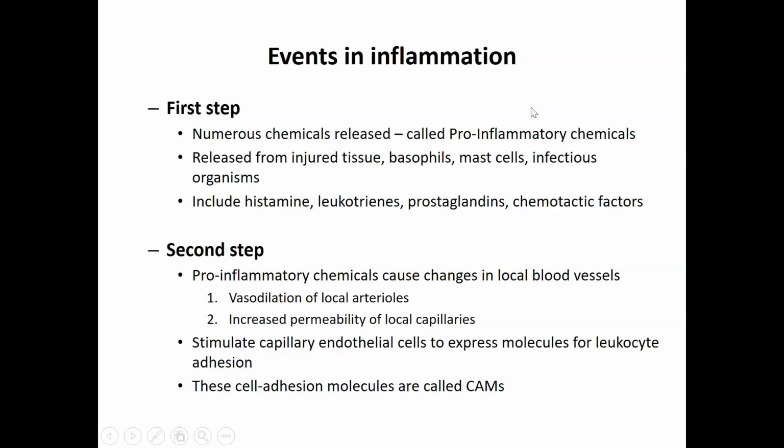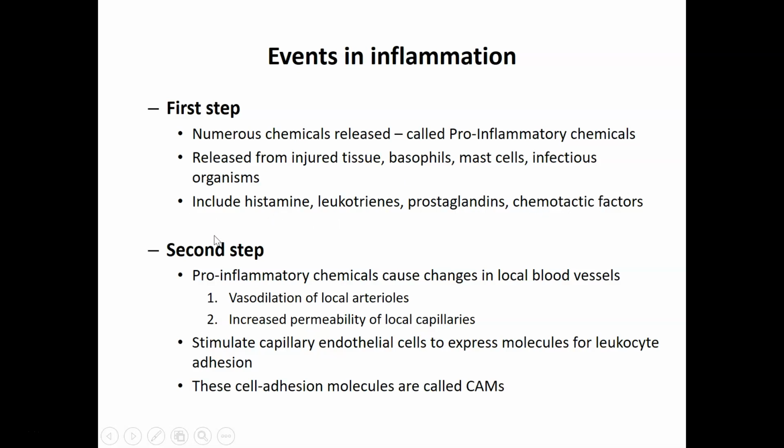Finally, inflammation can be triggered by an infectious agent, like a bacterium or something secreted from a bacterium. The chemicals that are released, the pro-inflammatory chemicals, include a long list of them, some of which are listed here: histamine, leukotrienes, prostaglandins, chemotactic factors.